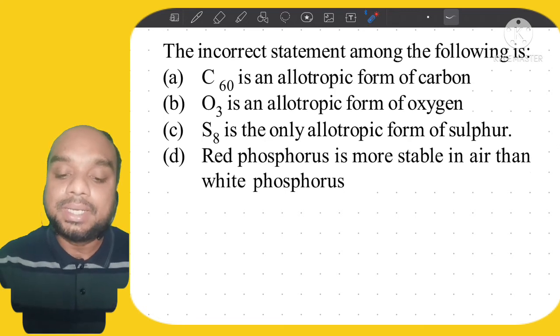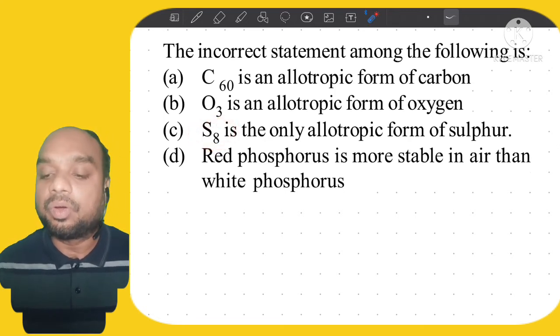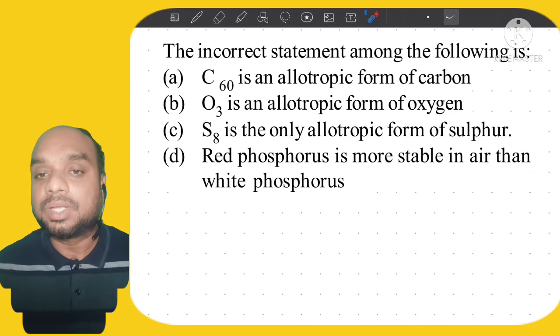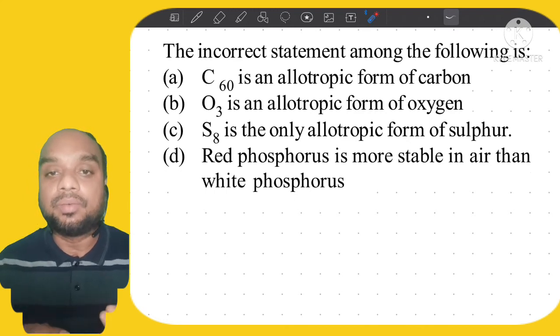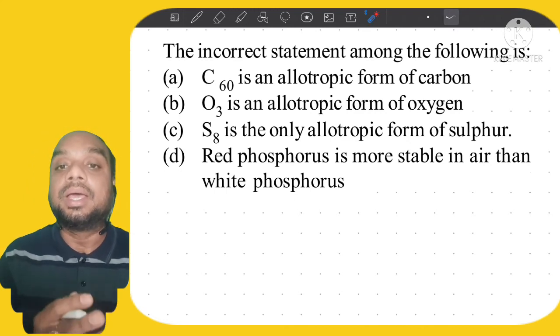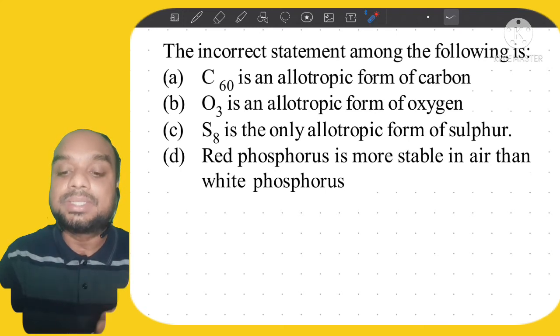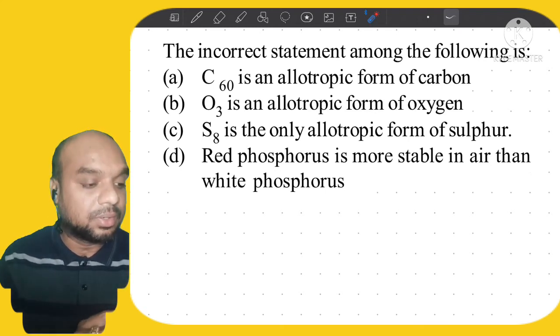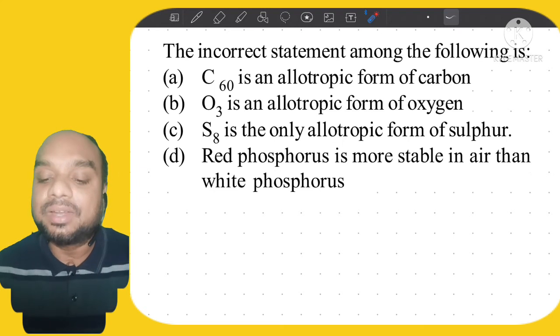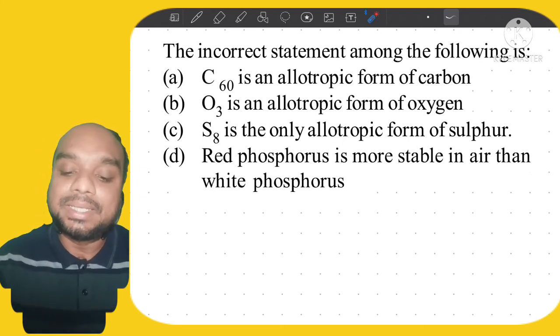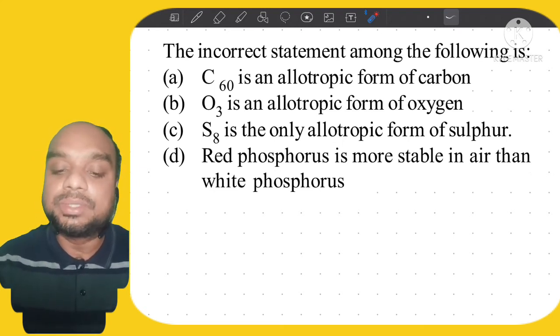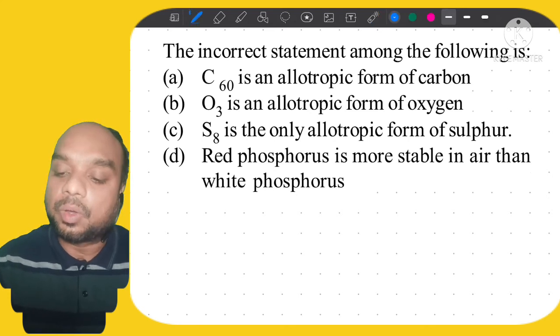And S8 is the only allotropic form of sulfur. What are the allotropic forms of sulfur? Rhombic sulfur, monoclinic sulfur, and next, plastic sulfur. So these three sulfurs are there. Here S8 is given as the only allotropic form. That's why this one is wrong.